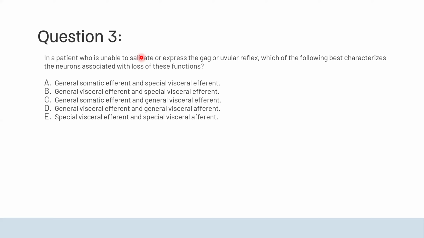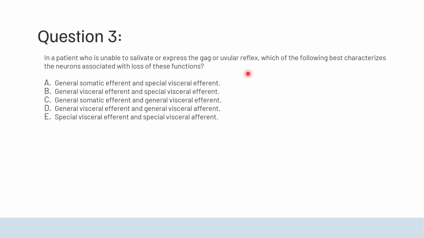Our general visceral efferents were the ones that gave me the supply through the facial to the salivary glands or through the glossopharyngeal to the salivary glands. Okay? Now, since I am talking about either facial or glossopharyngeal, then I'm expecting to see other sort of defects, right? When I'm talking about the loss of the gag or the uvular reflex, I am talking about the glossopharyngeal, right?